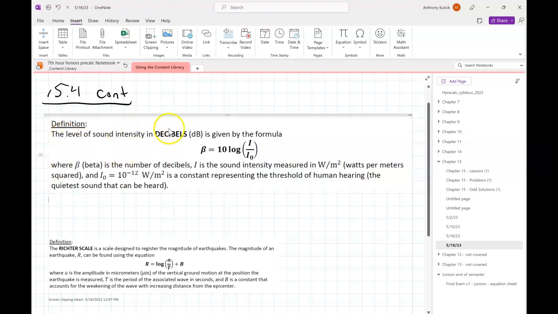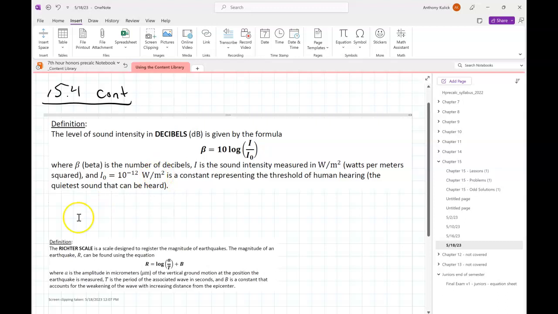The level of sound intensity in decibels is given by the formula beta equals 10 times log of I over I naught, where beta is the number of decibels, I is the sound intensity measured in watts per meter squared, and I naught is a constant. It's 10 to the negative 12 watts per meter squared.